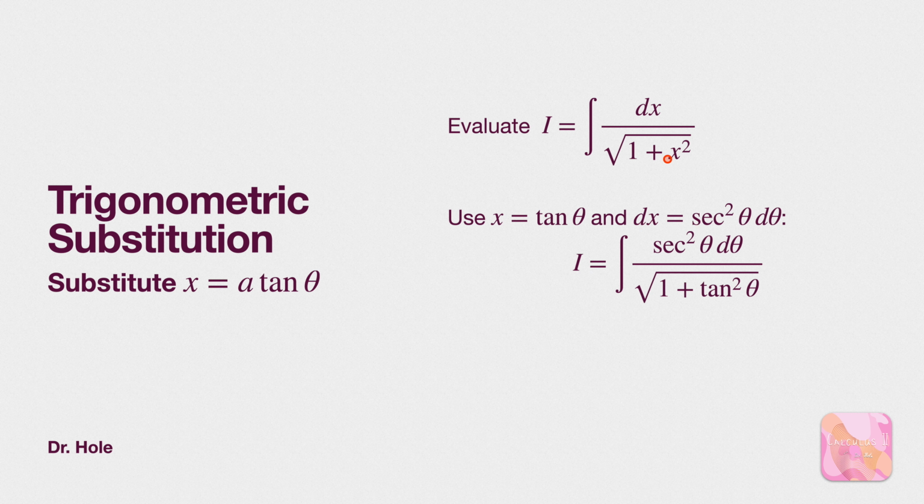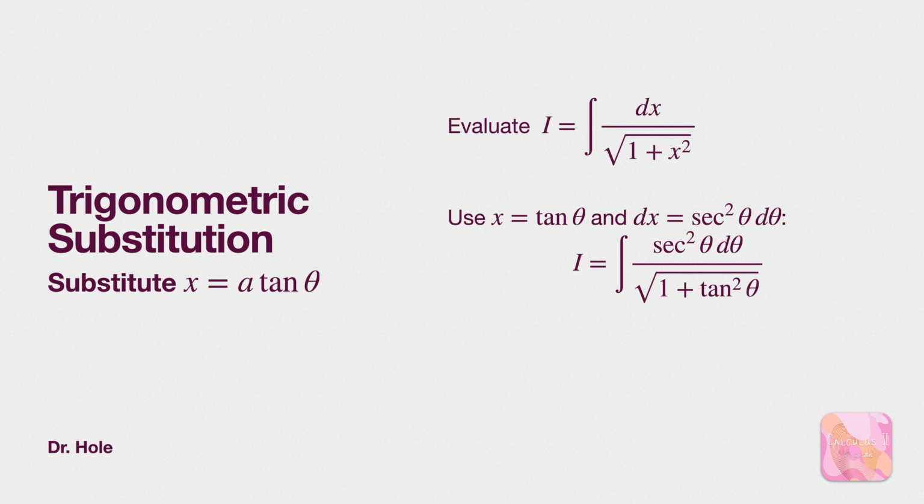Make substitutions: the numerator dx becomes secant squared theta d theta. The denominator of the integrand is the radical. The radical is the radical, 1 is 1, the plus is the plus, and then x squared turns into tan squared. Good.